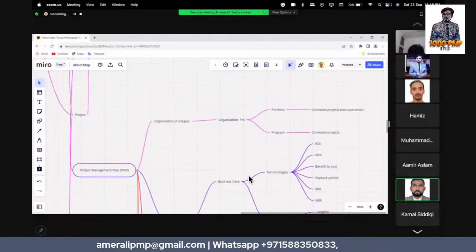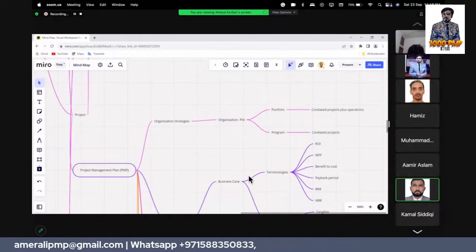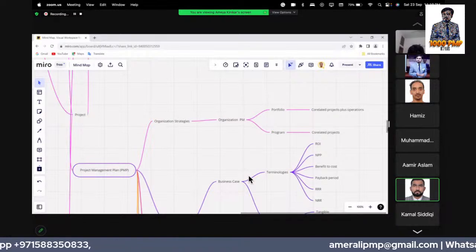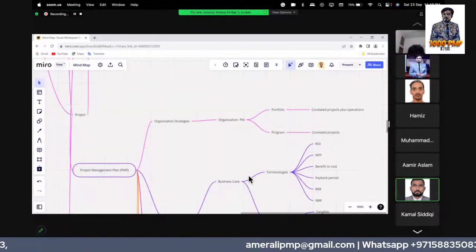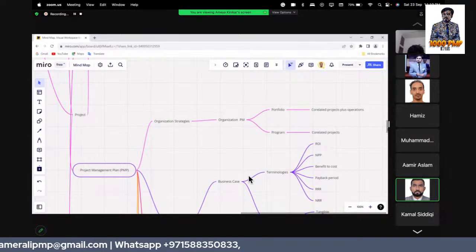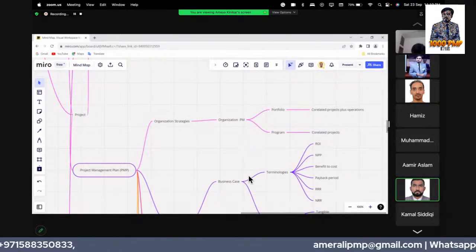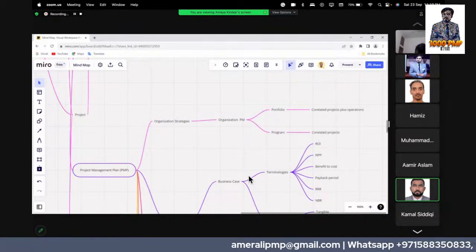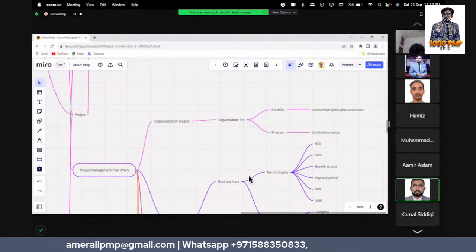Organization strategy. So in organization strategy, we should have portfolio, and in portfolio, there is a program. In the program, there are different projects, project 1, 2, 3, 4. So in portfolio, there are projects plus operations, correlated projects also going on plus operations. And in the program, correlated projects.